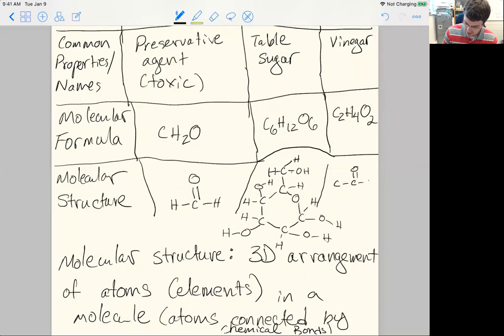Acetic acid is a little bit smaller. We only have 2 carbon atoms to worry about, and as a result, we've got a much simpler structure to deal with. So what we see in the case of formaldehyde, which was shown here, is a small structure.